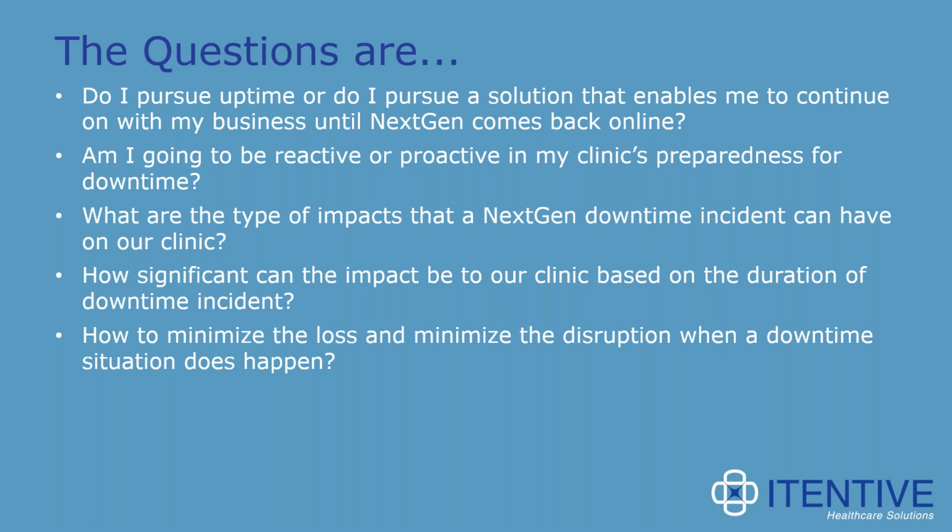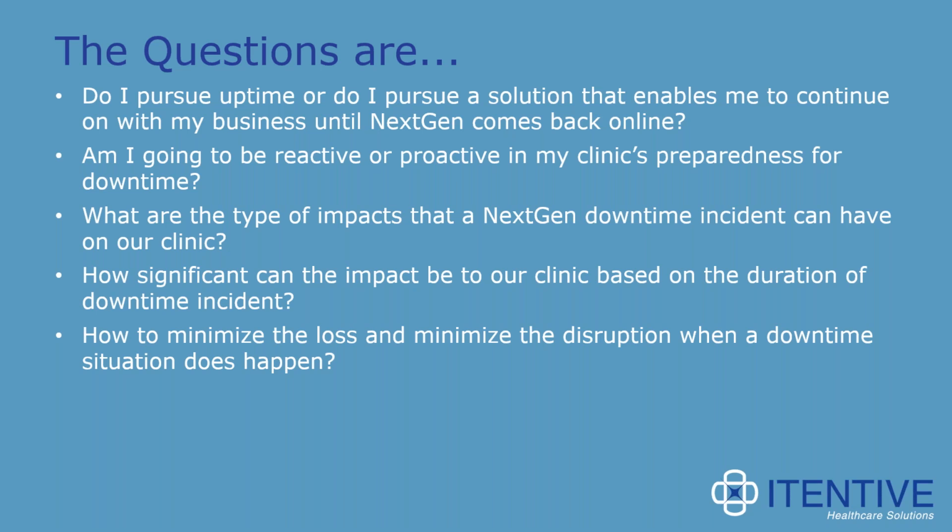Another question we should be asking ourselves is, what are the types of impacts that a NextGen downtime incident can have on our clinic? Those types of impacts that I mentioned earlier: revenue impact, productivity impact, quality of care impact. Then think about how significant the impact can be to our clinic based on the duration of the downtime incident.